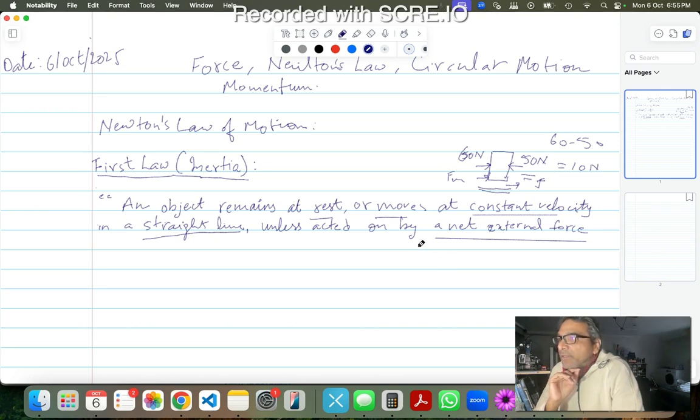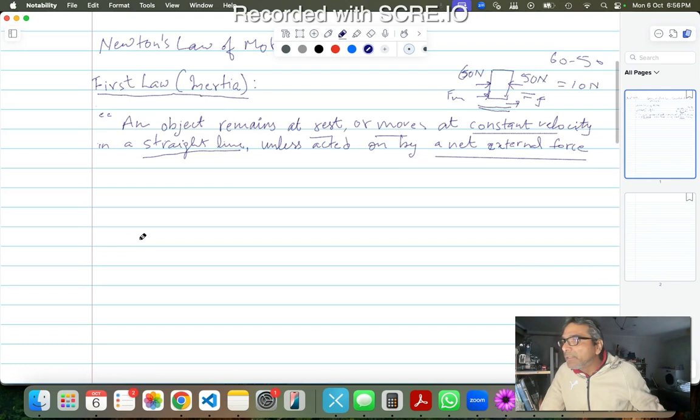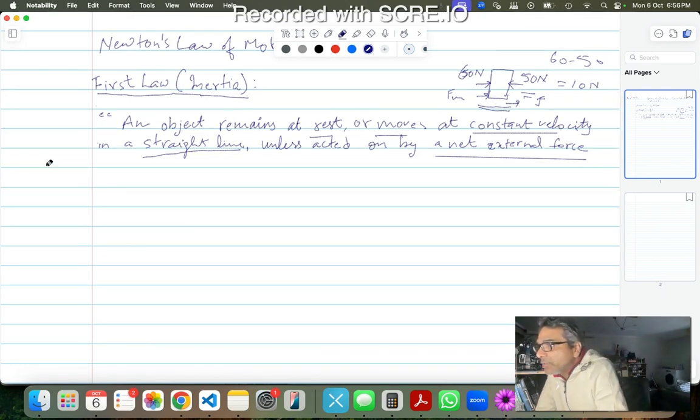All right. So this says an object remains at rest or moves at constant velocity, which means acceleration is zero, in a straight line, unless acted on by a net external force. All right. This is the first law.